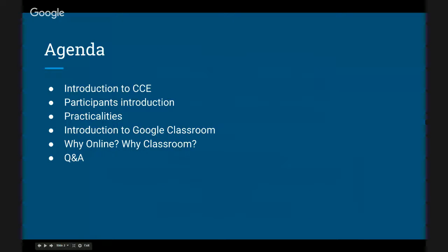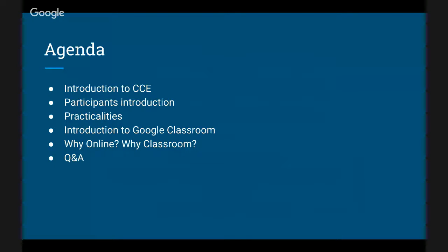Let's go through the agenda. What exactly are we trying to achieve out of this webinar? We will go through a brief about what exactly we do and who we are. Then we have good participants among us, those who are interacting or will be interacting with us live from various colleges across the globe, mainly from India.